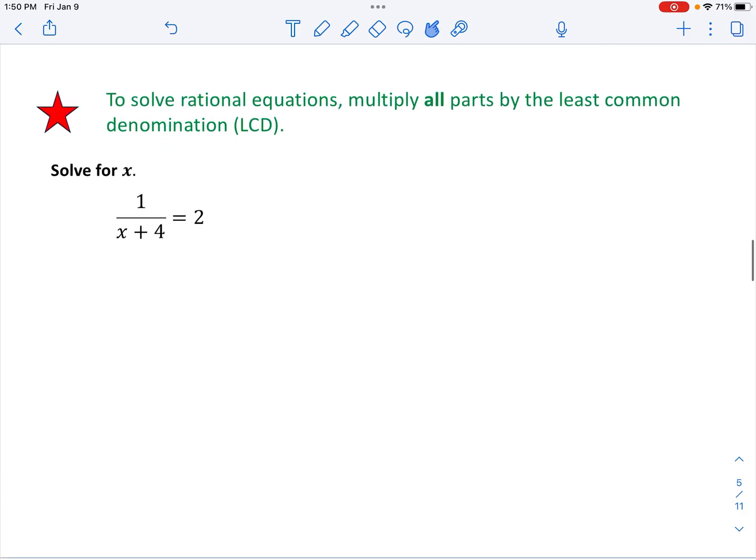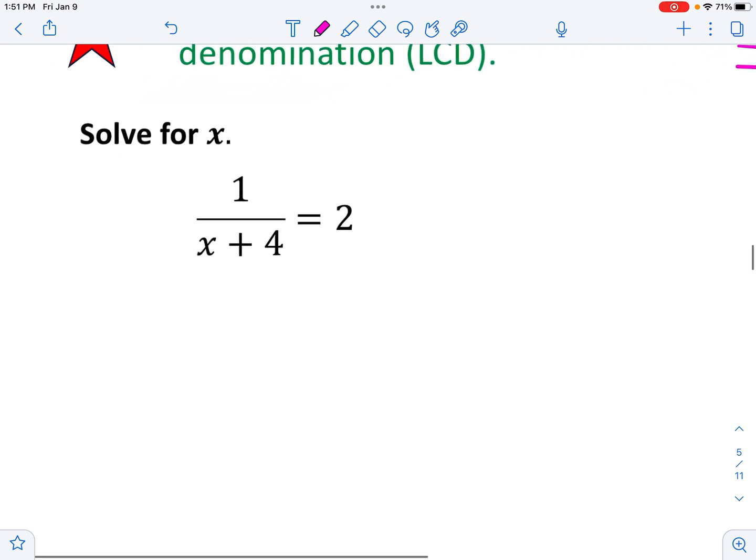Okay. So to solve rational equations, you want to try to get rid of the denominators. And the way that we do that is we multiply all the parts by the least common denominator, also known as the LCD. So in this particular case, I want to get rid of x plus 4. I'm going to multiply everything by x plus 4.